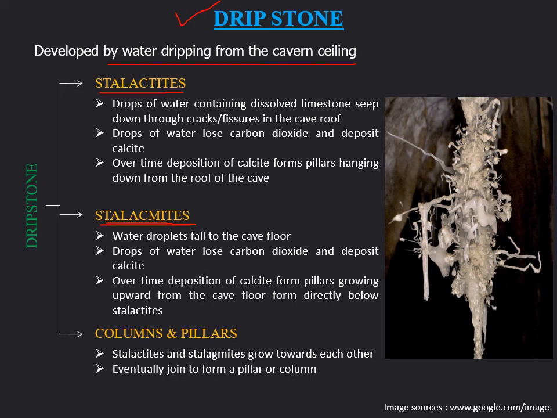And we also find rimstone, which are found where waters overflow from the shape and size, and it is particularly found in some portions of the cave. But the most famous of cave structures are these dripstones, the stalactites, stalagmites, and column and pillar structures.